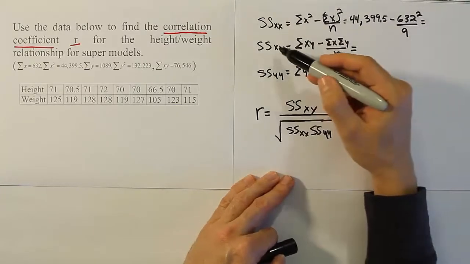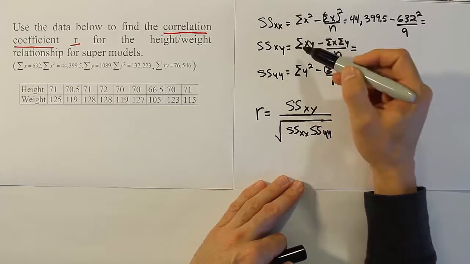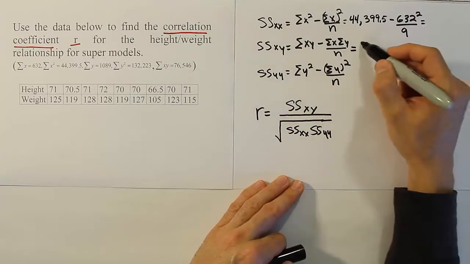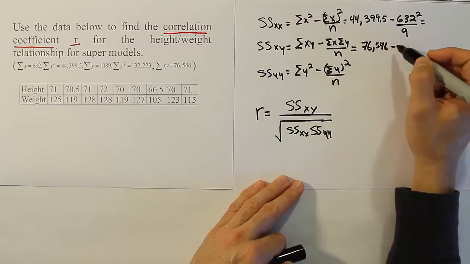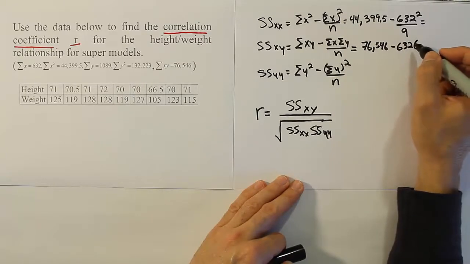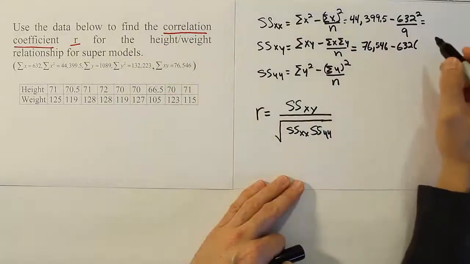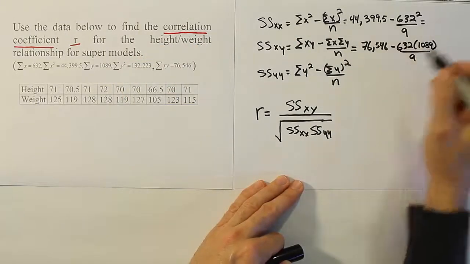And we have the sum of squares of xy. So we need the summation of xy first. That's going to give us 76,546 minus the summation of x, which is 632, times the summation of y. The summation of y is 1,089. And all of that, again, will be over the number 9.